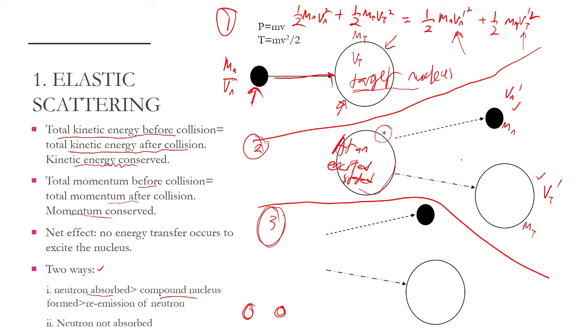So either the neutron is absorbed or not absorbed, this is elastic scattering.